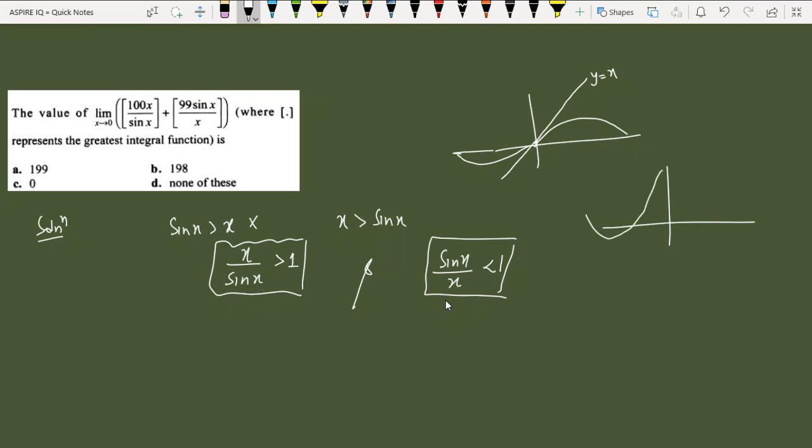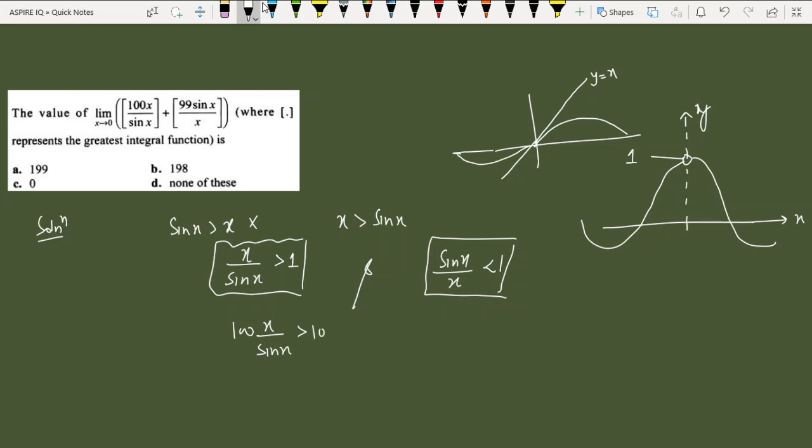This is the y axis and this is the x axis. For x equal to 0 this is not defined, so this is an empty circle, and this value is 1. So sin x upon x is always less than 1, and x upon sin x is greater than 1.